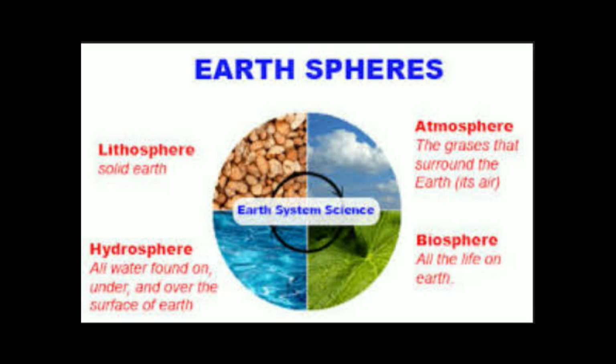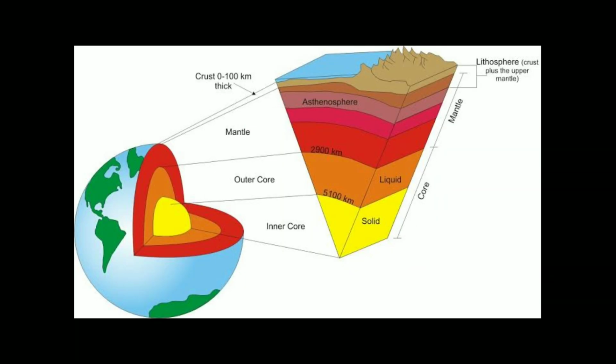Among that, the first one is lithosphere, the outermost solid layer of earth. This layer is very thick in the continents and quite thin under the sea floor. It consists of rocks, minerals, mountains, plateaus, etc.